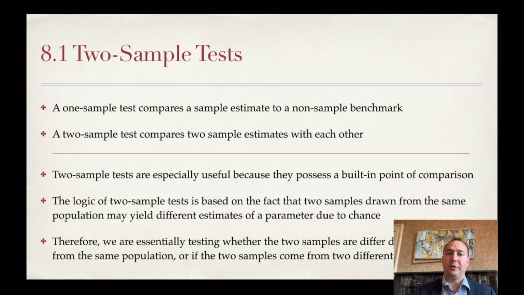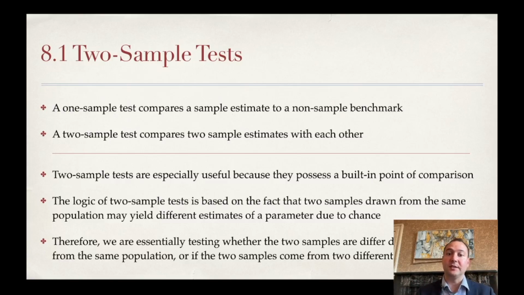A two-sample test compares two sample estimates with each other. So in short, a two-sample test is using two different samples and testing whether those are coming from the same population or if they're from two different populations.